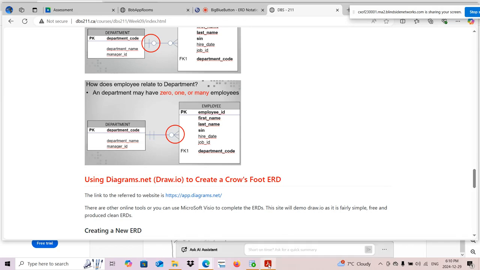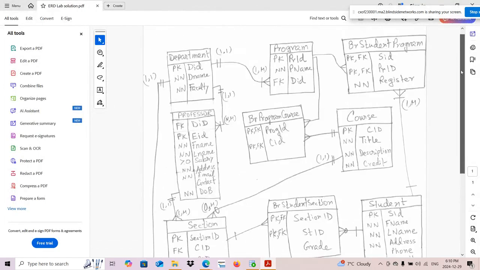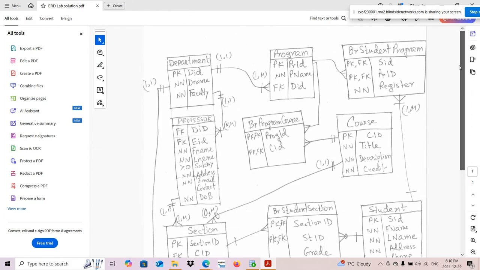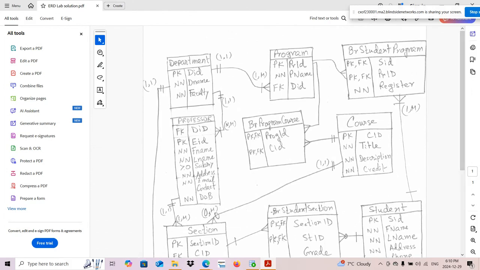Now, if we go to this, this is a sample solution for the lab. I use the notation. Some places I use this optional, but if I am not using this 0 or double bar, then I'm usually writing it, making everything explicit.